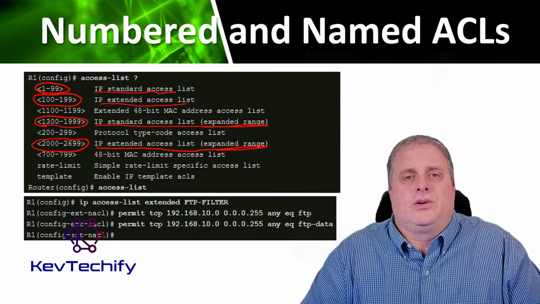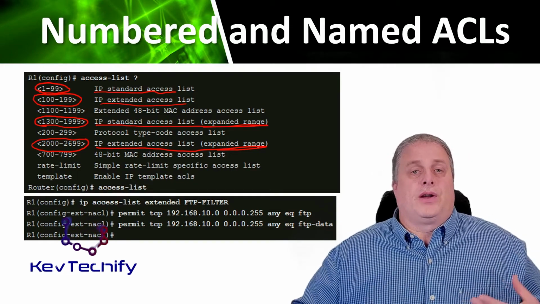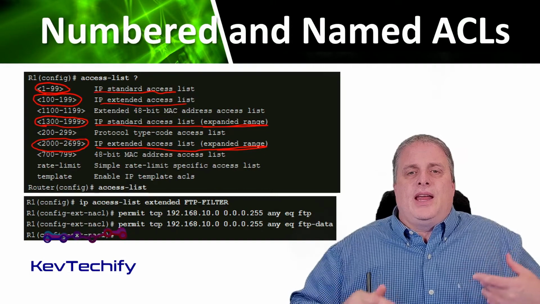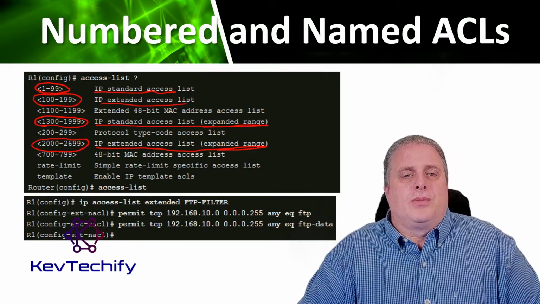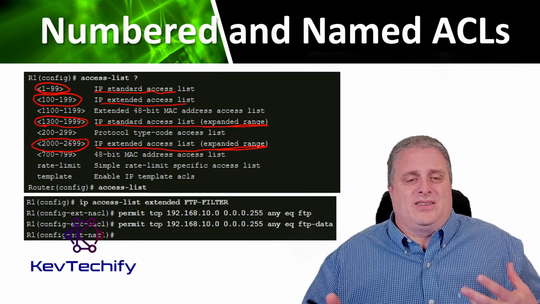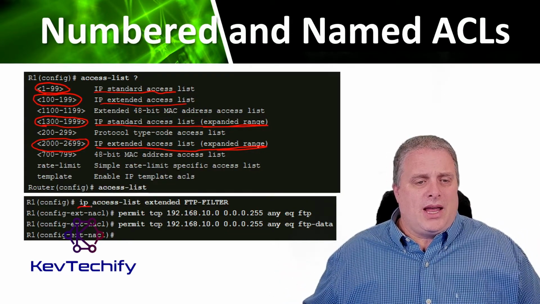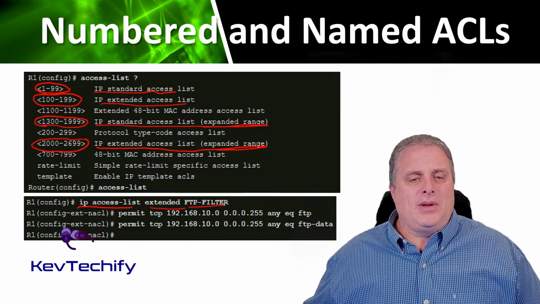Named access control lists are the preferred method to use when configuring ACLs. Specifically, standard and extended ACLs can be named to provide information about the purpose of that ACL. Down here, we can see that we use ip access-list, and we're creating an extended one, and then we named it here.